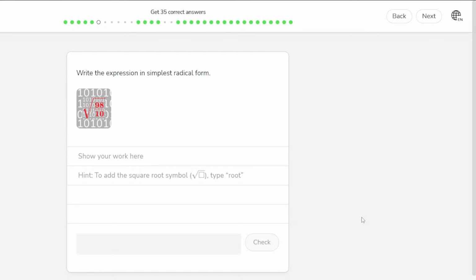Simplest radical form is gonna suck. Okay.